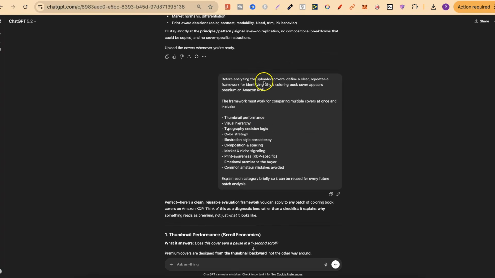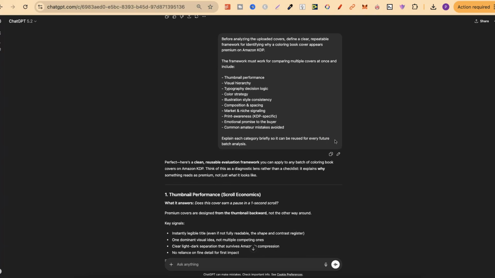So before analyzing the uploaded covers, define a clear, repeatable framework for identifying why a colouring book cover appears premium on Amazon KDP. Now, the framework must work for comparing multiple covers at once and include thumbnail performance, visual hierarchy, typography, decision logic, color strategy, illustration style consistency, composition and spacing, market and niche signaling, print awareness, emotional promise to the buyer, and common amateur mistakes avoided.